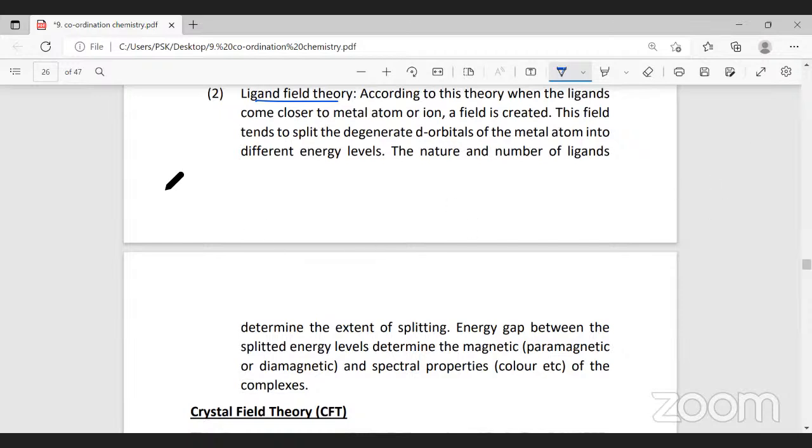Degenerate orbitals means orbitals which have the same energy. For example, if you take px, py, and pz, these are called degenerate p orbitals.